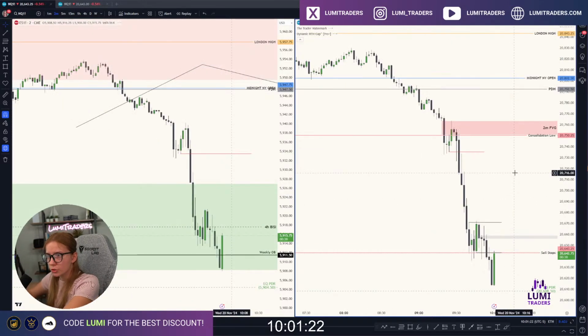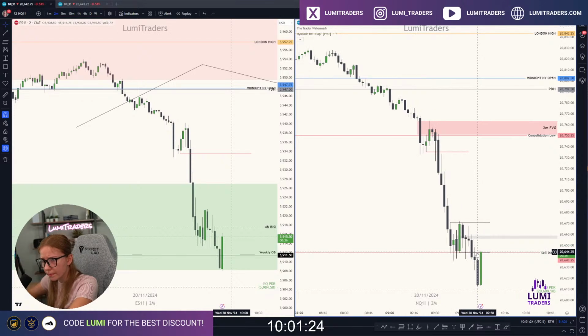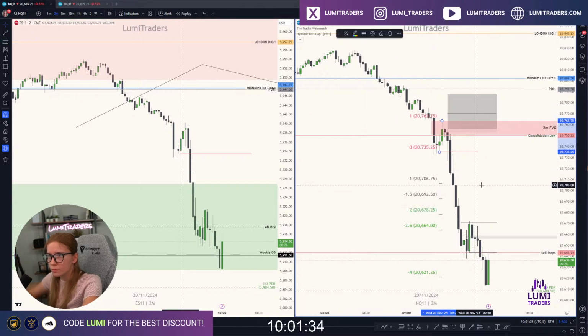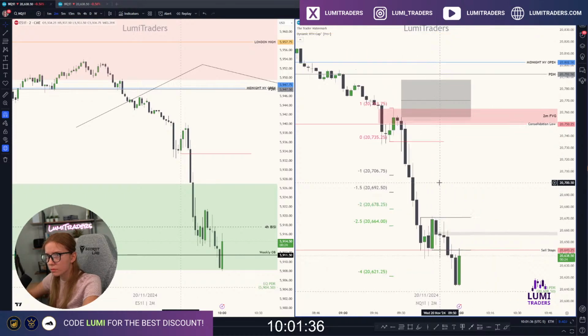I'm going to switch to the 2 minute chart. That's the 2 minute chart, okay. Below sell stops, first standard deviation reached right here based on this retracement leg.